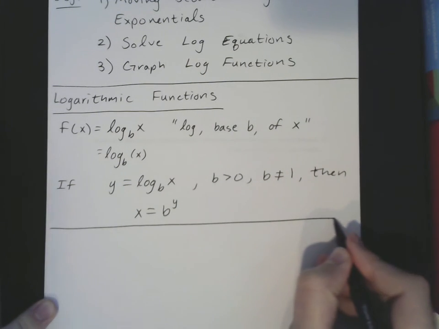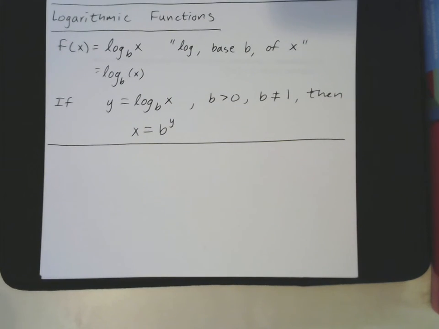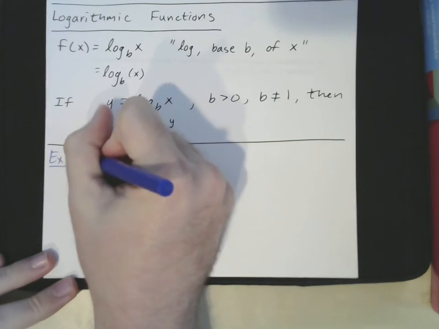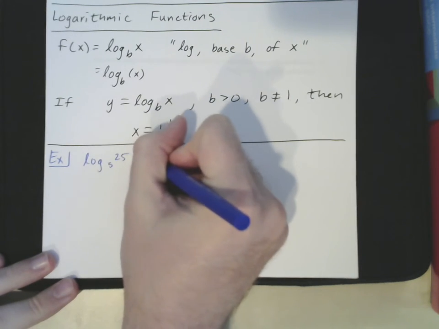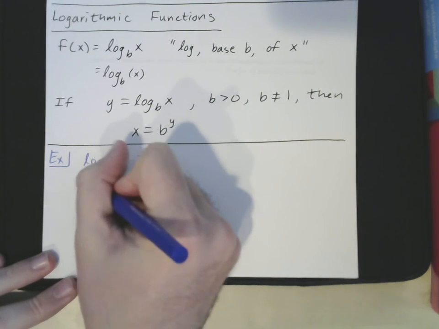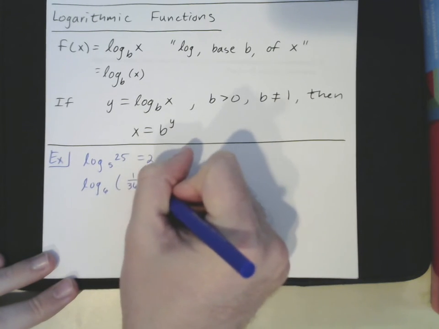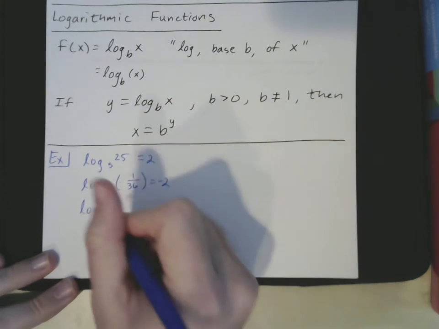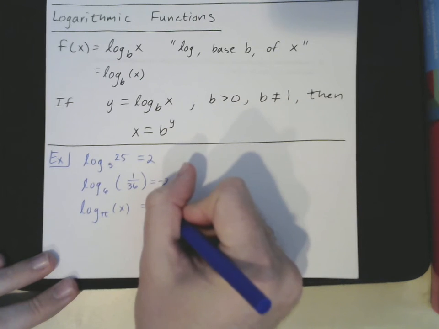So let's look at a couple examples that highlight this a little bit more, so we can get a little bit more comfortable with it. So we're going to look at log base 5 of 25 equals 2, log base 6 of 1 over 36 equals negative 2, and log base pi of x equals 4.